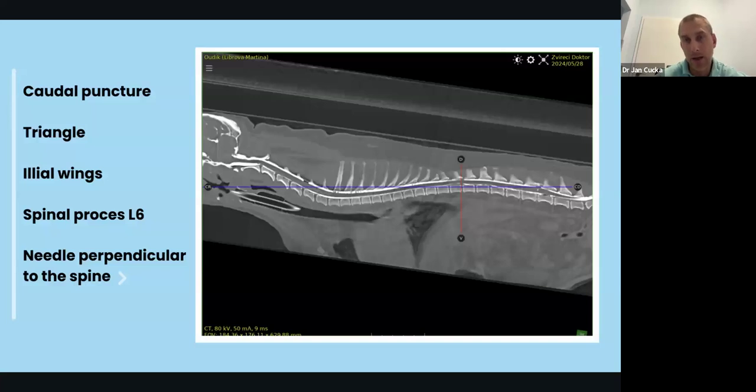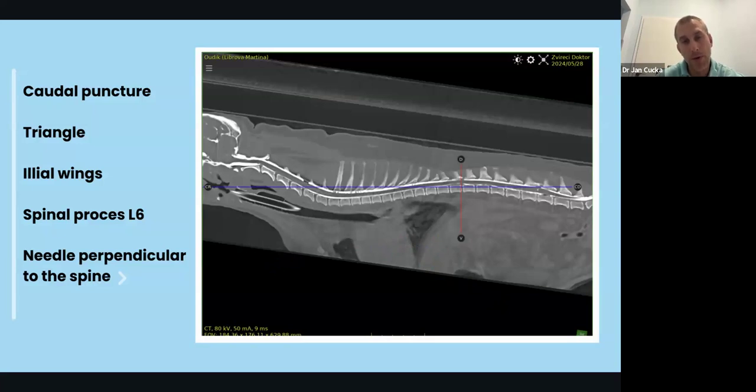So now I will describe the caudal puncture, then I will describe some advantages and disadvantages of cranial puncture, and then we will go through some cases. So for caudal puncture, we perform a triangle with a finger.